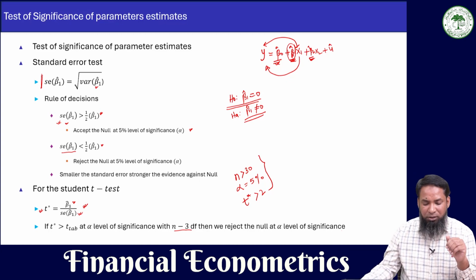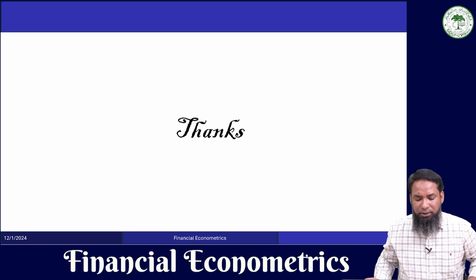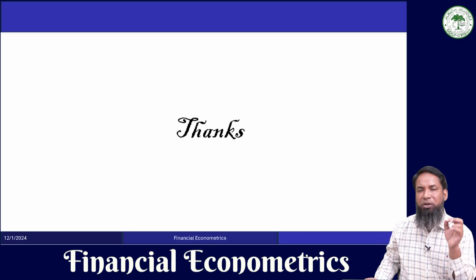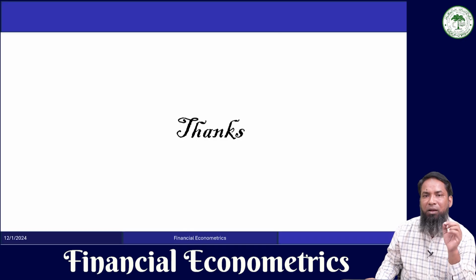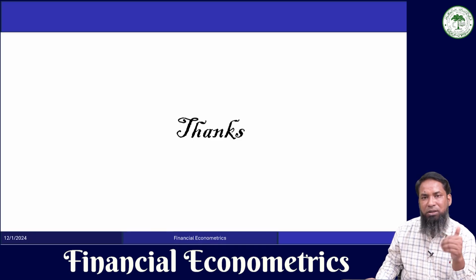So in this class, we have discussed the multiple linear regression model, what the need for the multiple linear regression model is, and why we include more than one variable. Then we discussed the OLS estimates of that, and the properties of those OLS estimates.